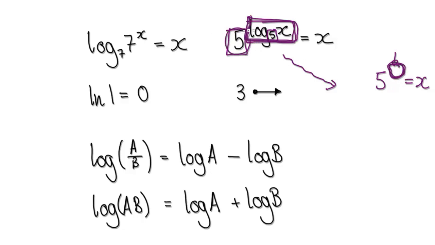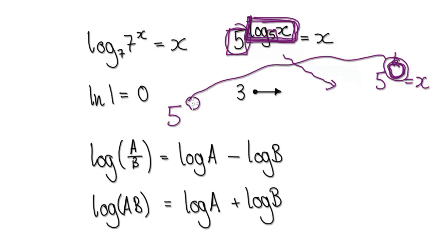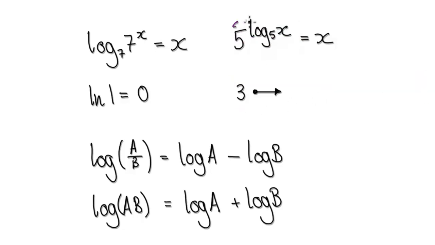Now look at this 5. This 5 here is this to the power of this block, and this block here is this thing here. So that is really 5 to the power. Notice that this is exactly the same as this, so it must equal x. Whenever you don't understand this, try to break down what this block means, and then eventually it will lead you to x.